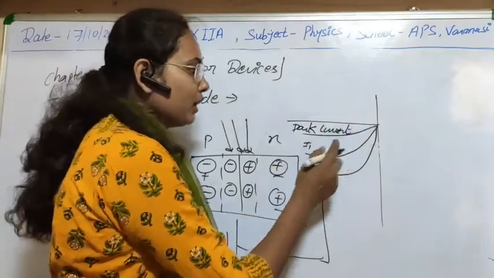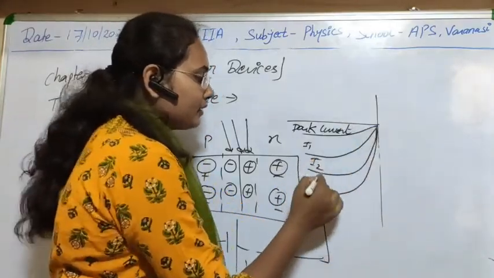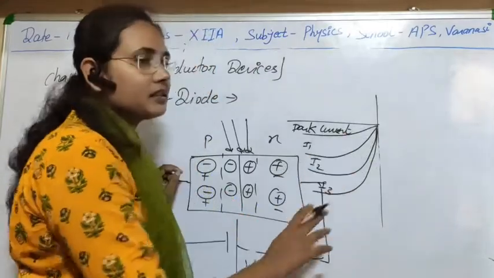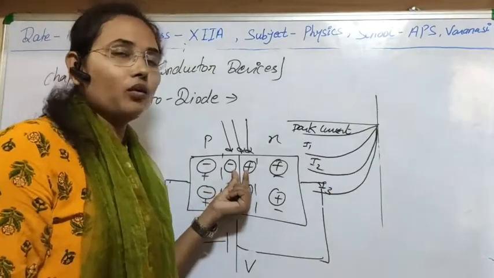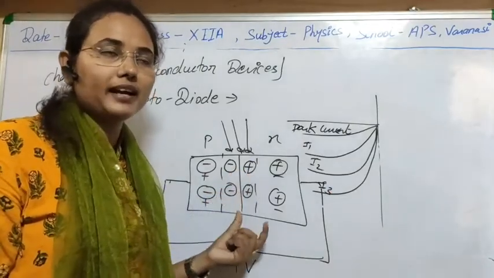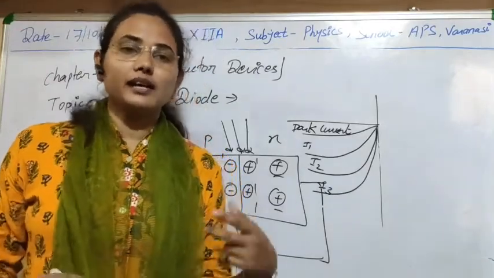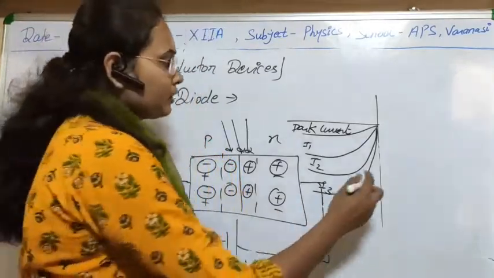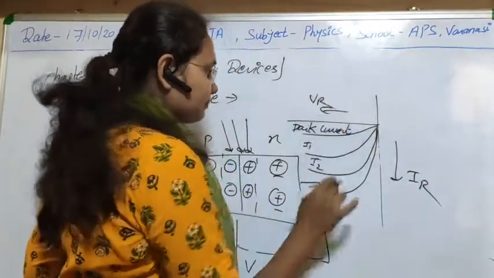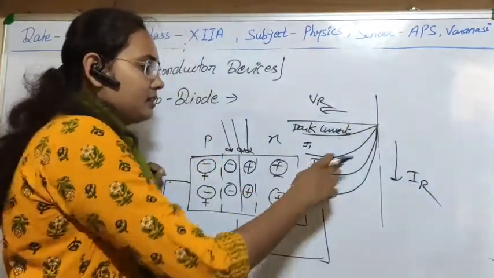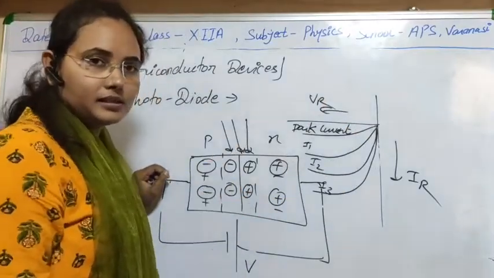Here, below the breakdown, we are applying different intensities, and we are getting the current increased in this way also, because we are only breaking the covalent bonds of the ions, and due to that we are increasing the number of charged particles, hence the current. Suppose that this is reverse current, this is reverse voltage, and this is the current due to the increased intensity. Clear?